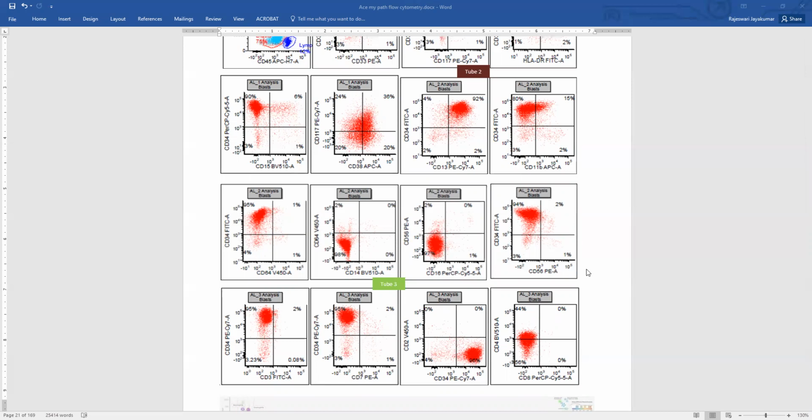They collect a large number of events, much more than what we collect for regular flow cytometry, and they try to see if there is a population of abnormal blasts. There is a problem here: we will also see regenerating blasts that are normal in the marrow. To distinguish the normal blasts from the neoplastic blasts, the prior phenotype always helps.